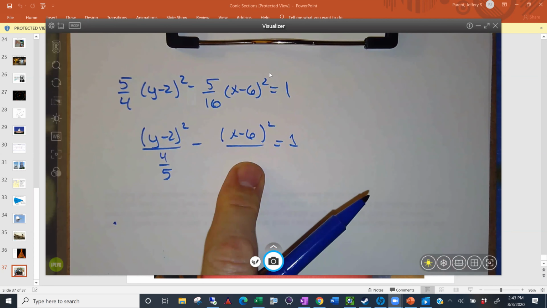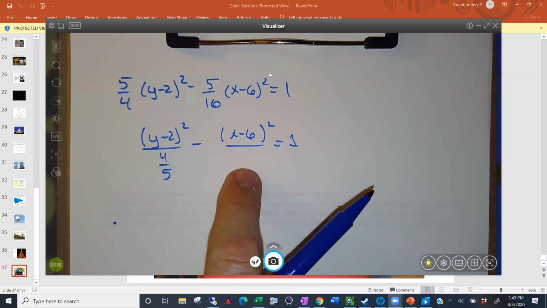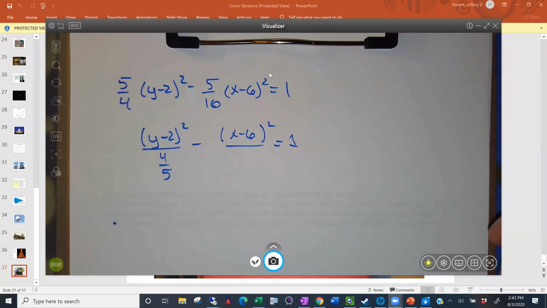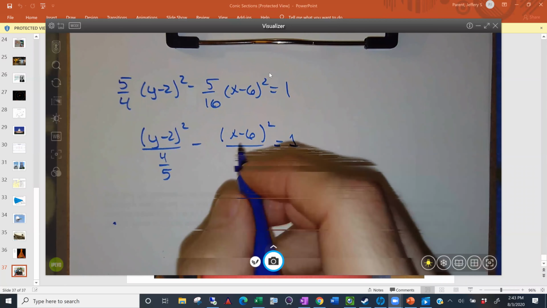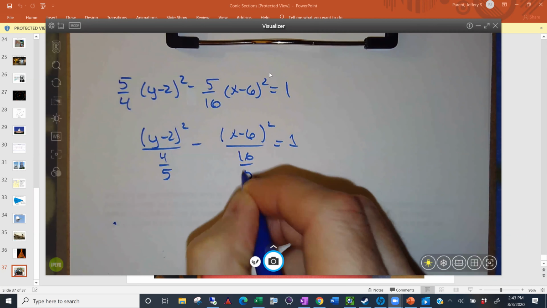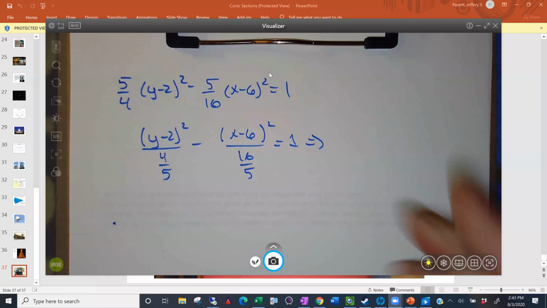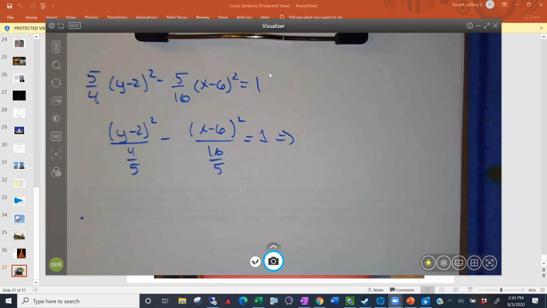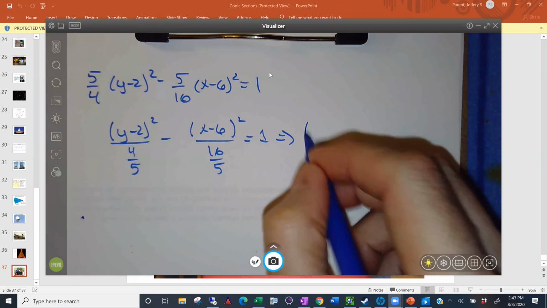So what should I put in this denominator? 16 over 5. Thank you. 16 over 5. And then I want to rewrite that a little bit more, as squared terms.